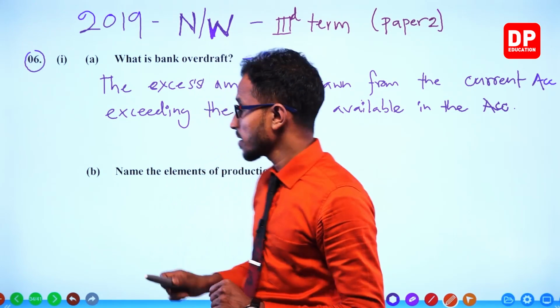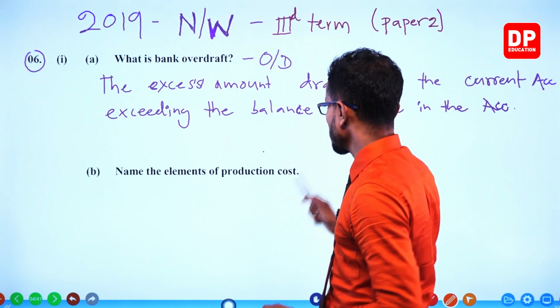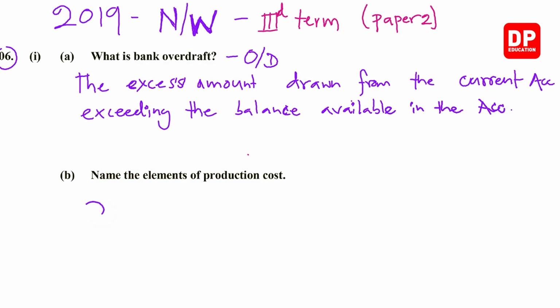Okay. Next, name the elements of production cost. You can write direct costs: direct material, direct labor, direct other. Or you can write in a different way, prime cost.